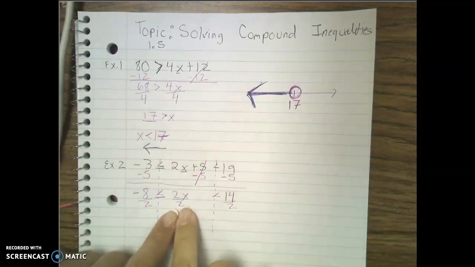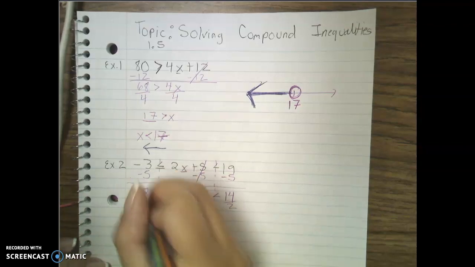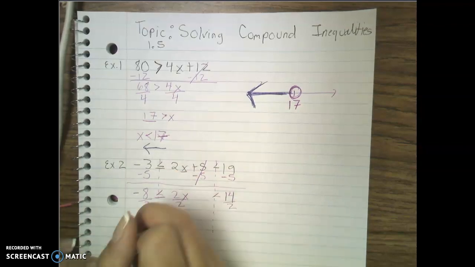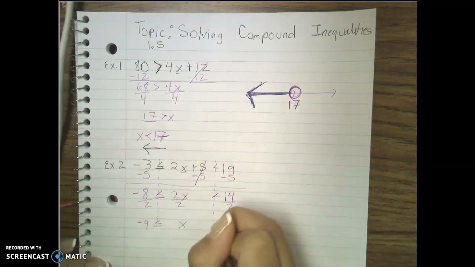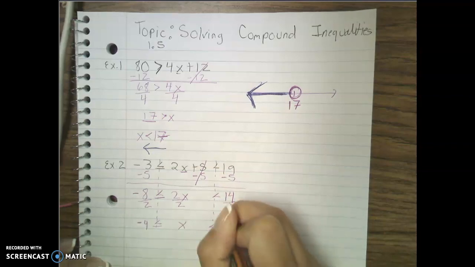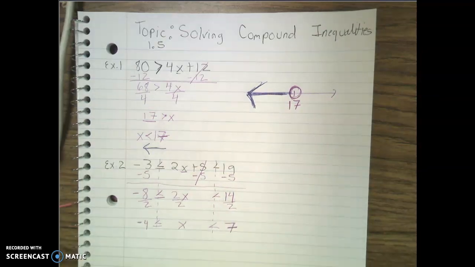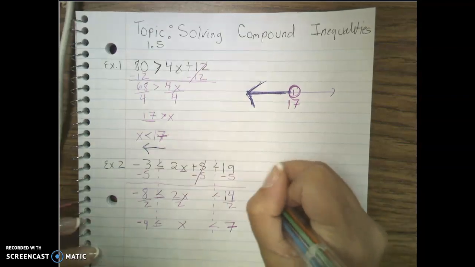Remember, what I do to one side, I have to do to the other too. Negative 8 divided by 2 is negative 4. Keep my inequality sign. 14 divided by 2 is 7. Okay? So now I'm going to go over here and graph it.